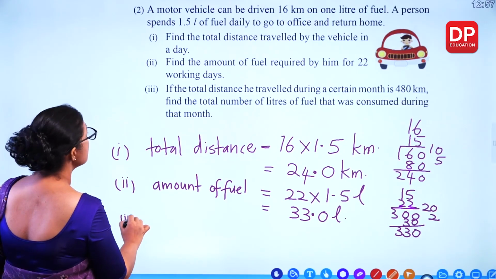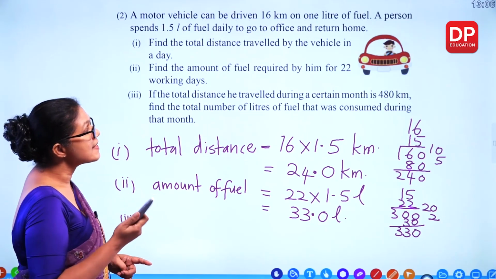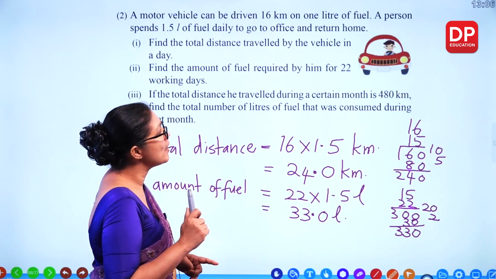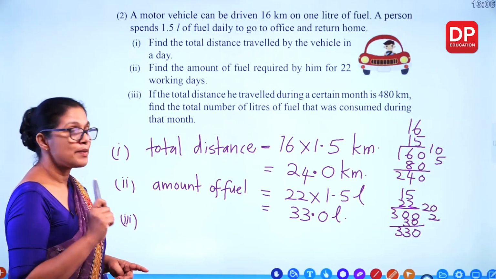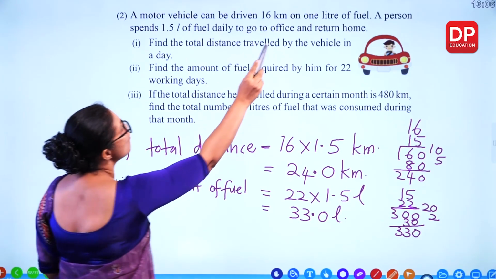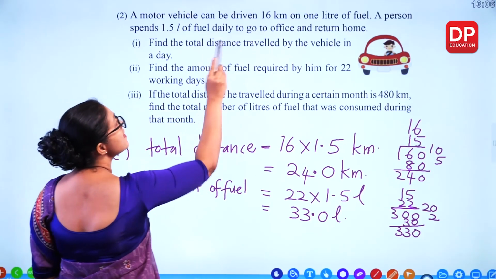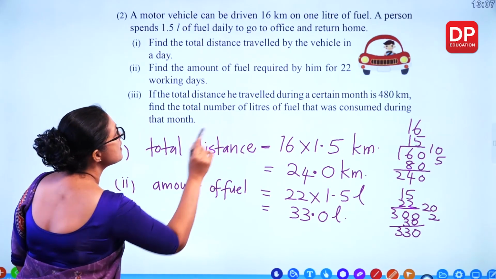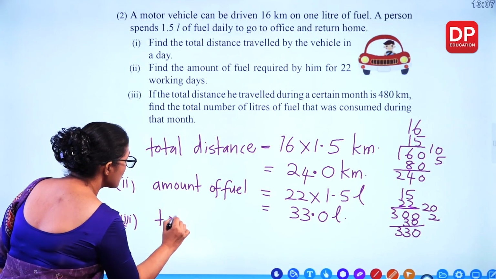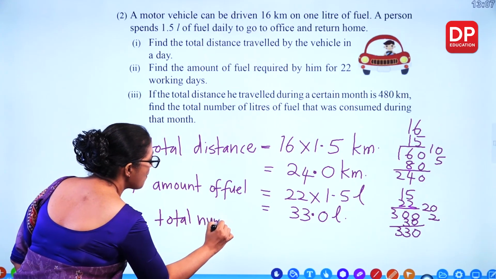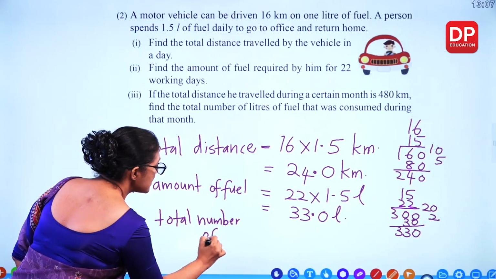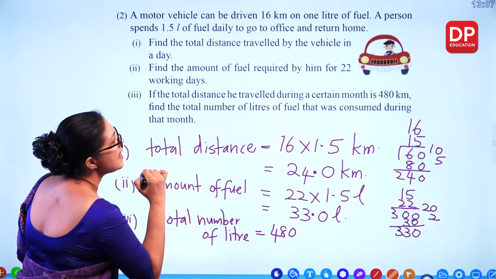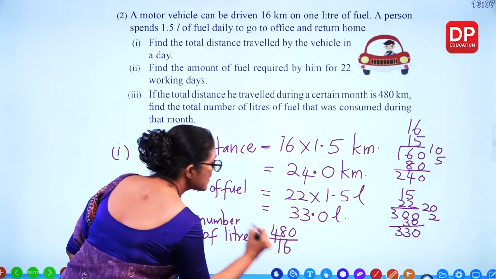And part 3 says, if the total distance he traveled during a certain month is 480 kilometers, find the total number of liters of fuel that was consumed during that month. So here for 1 liter you can travel 16 kilometers. So you can find the total number of liters needed by total distance 480 kilometers divided by 16.